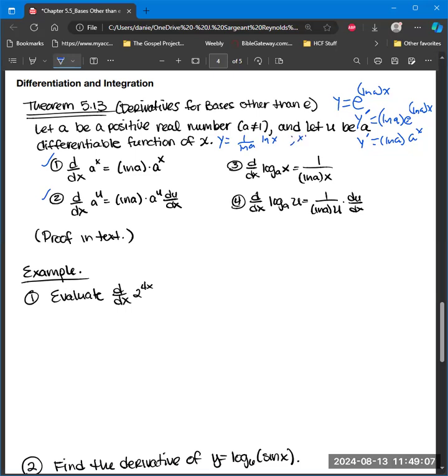Remember here that x has to be greater than 0 already for this log right here, and same thing right here. So it might not be a bad idea for you to remember that this needs to be positive down here. That's not part of our formula, but remember that your domain is restricted to only positive values for x or for u here.